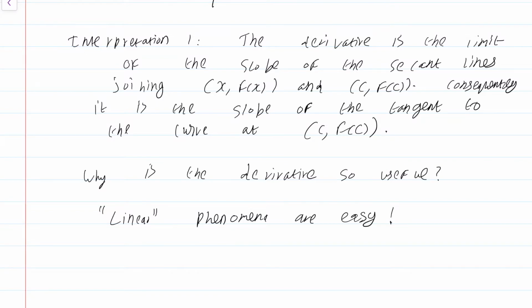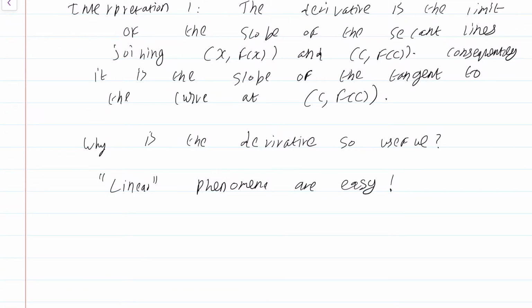This is a general principle, not just in real analysis or calculus, but in the whole of mathematics. Linear phenomena just means something that looks like a line. That's a very vague way of stating that, but essentially it's not such an imprecise thing as I make it out to be. So linear phenomena are easy.